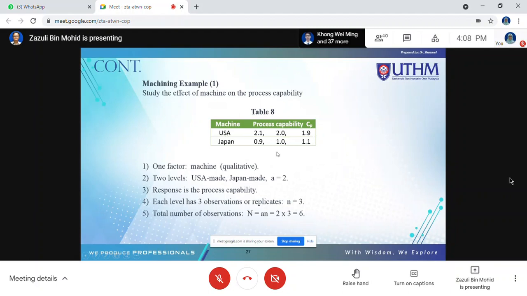So the number of observations, you can just count it here in the table. You have 6, or maybe you can calculate it: a times n, you will get the capital N. You have the total number of observations, which is 6 in this example.